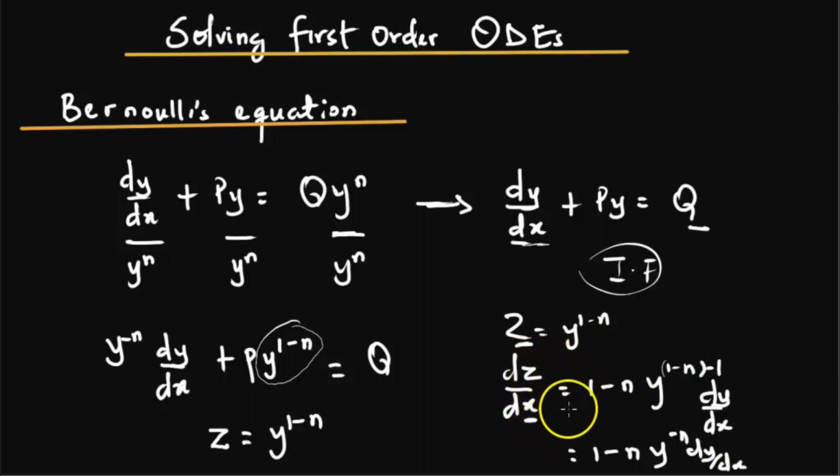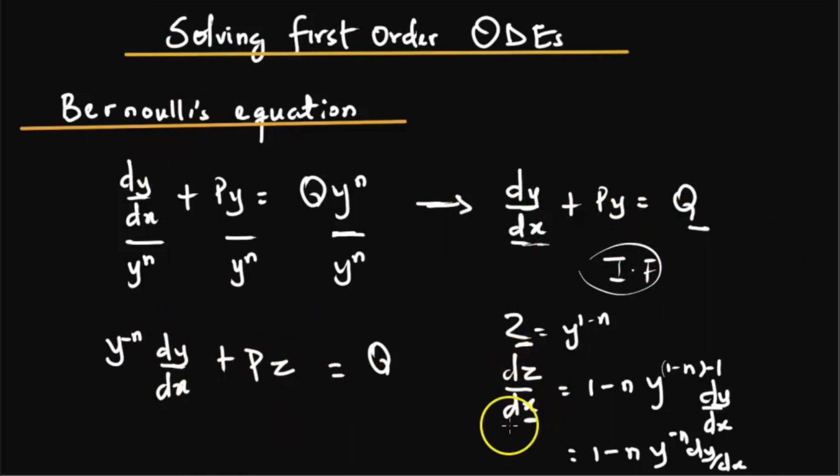What we're now going to do is to put this new function we have created into the expression and see if we can get this form. So I can replace y raised to the power 1 - n with z, but I want to bring in dz/dx. And what I have here as dz/dx is (1 - n) y raised to the power -n dy/dx.